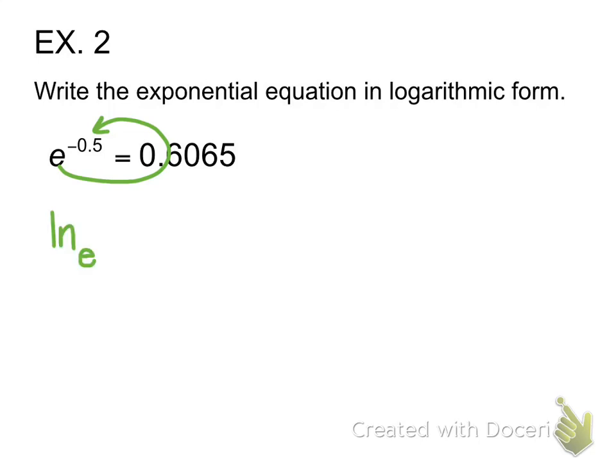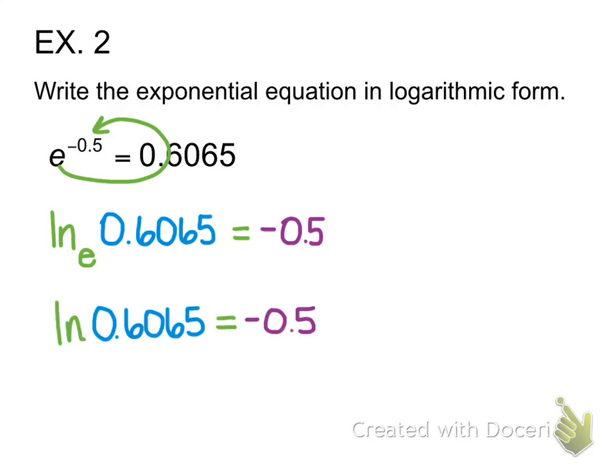So the natural log base e of 0.6065 is equal to negative 0.5. Now natural log is understood to be base e, so I don't have to put that little e there. I can just write natural log of 0.6065 equals -0.5, and that works just as well.